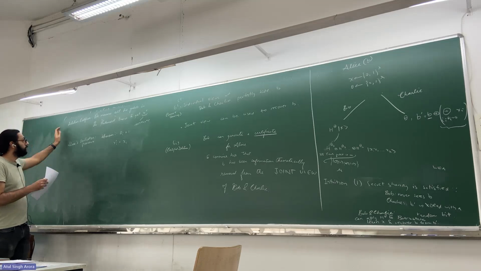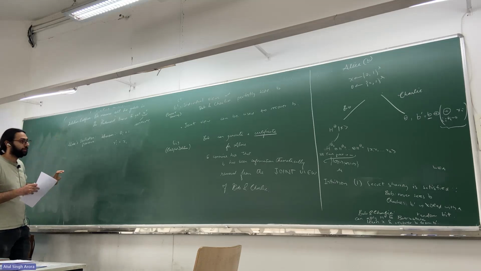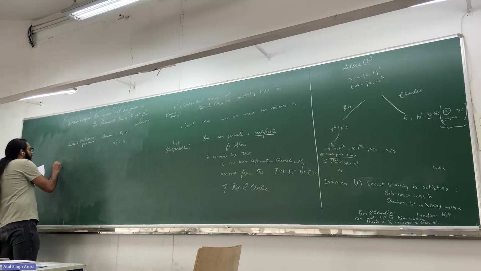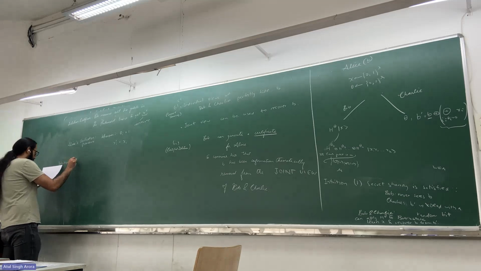Okay, so this was the procedure for deletion. This is the procedure for Alice's verification. And now continuing with the intuition for how the second step is satisfied, intuition 2.